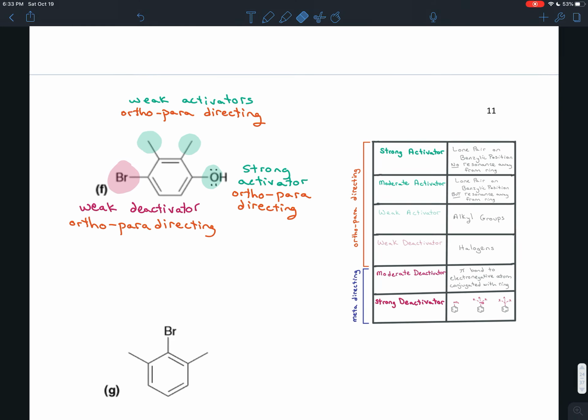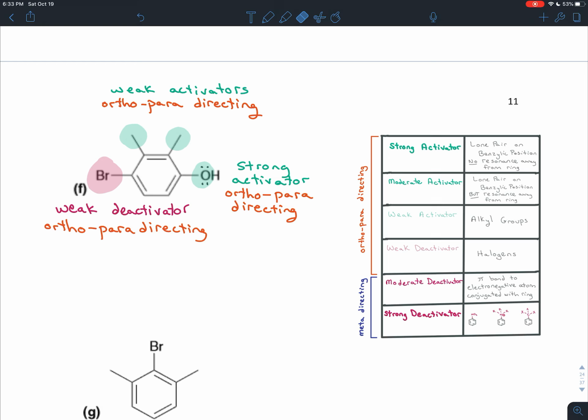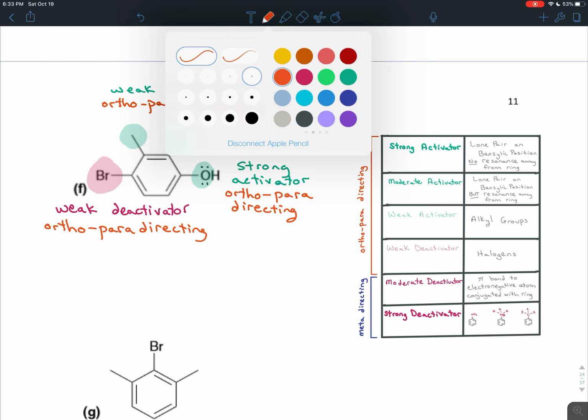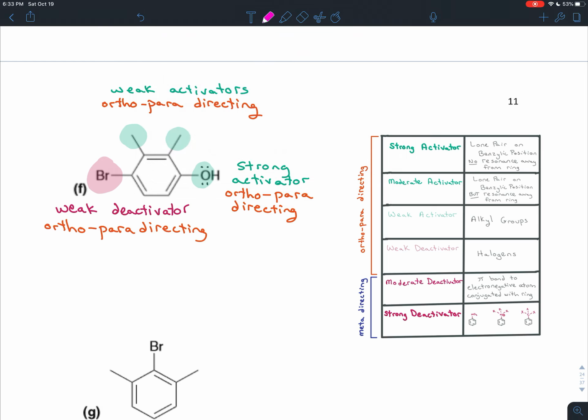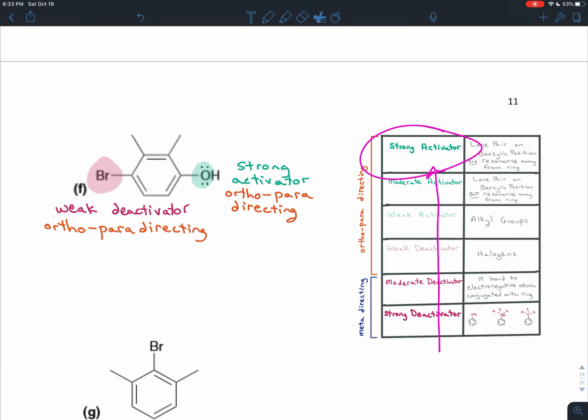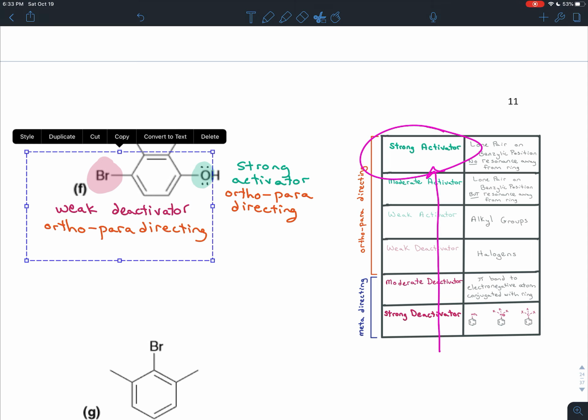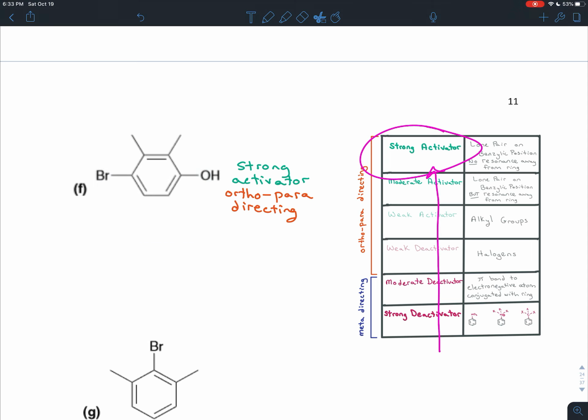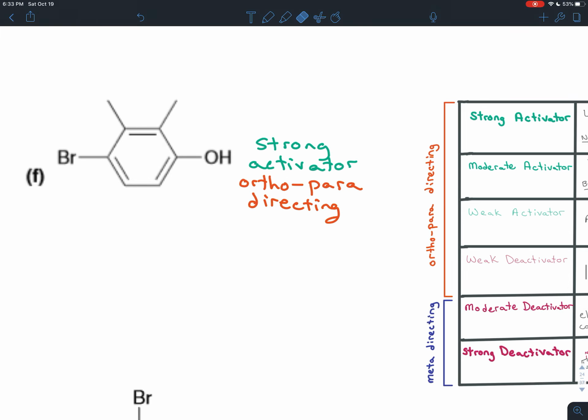Okay, well, the directing effects that win, so each of these branches has its own directing effects. The branch whose directing effect wins is the most activating one. And here, that's the strong activator. That's the one that's highest up on this table. So I'm going to erase the information for the other ones. And we'll just think about the directing effects of this strong activator, our most activating group.